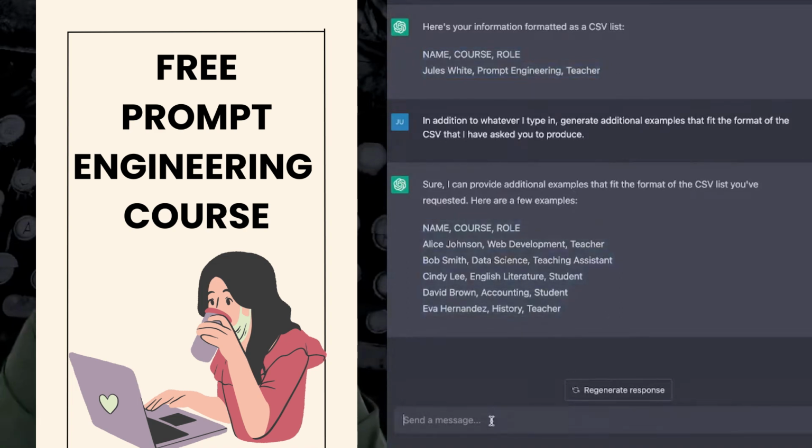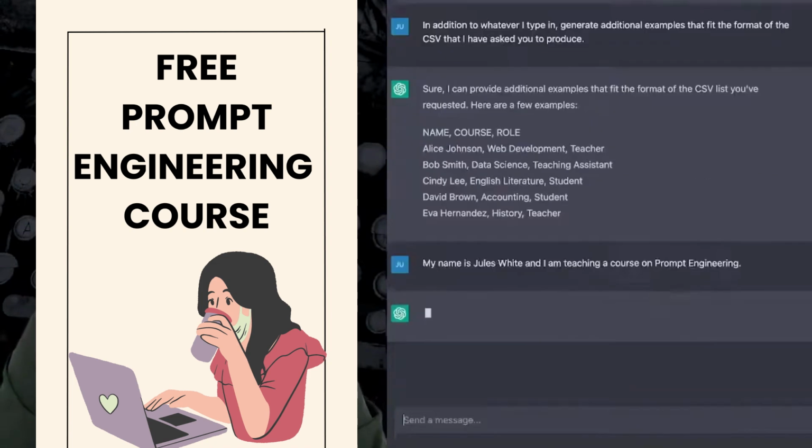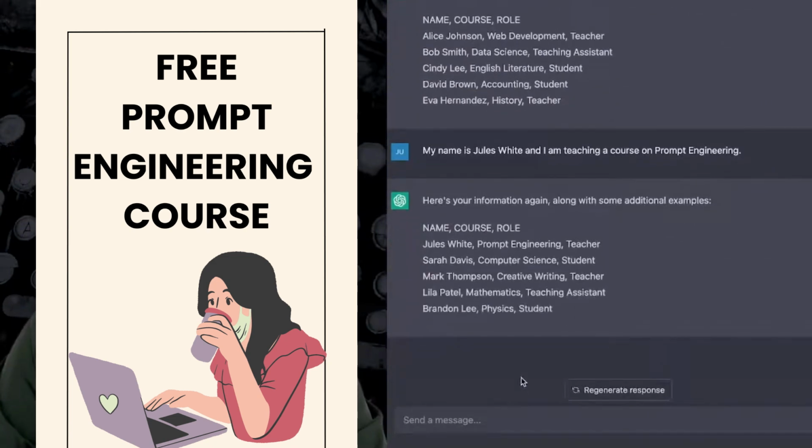And I could say something like, my name is Jules White, and I am teaching a course on prompt engineering. And you notice now our program's gotten more complex. Not only is it creating the CSV based on what I typed in, but it's also following my instructions, and it's going through and generating additional examples that fit into this.